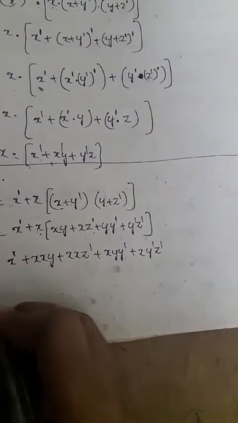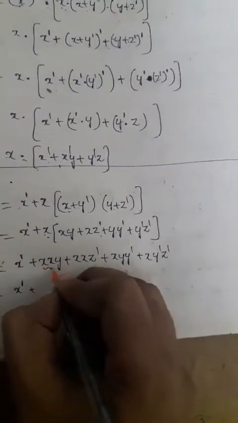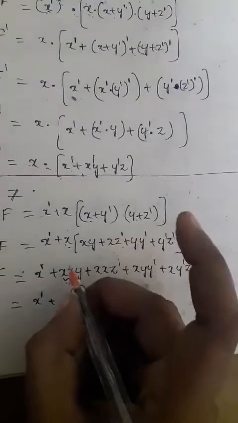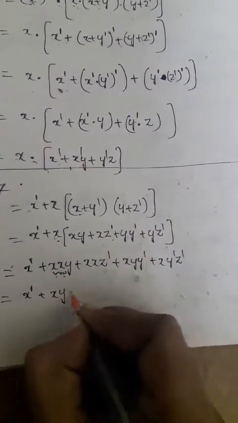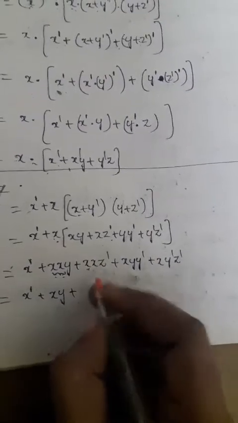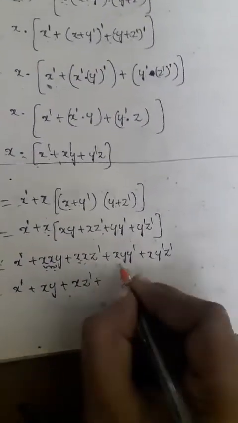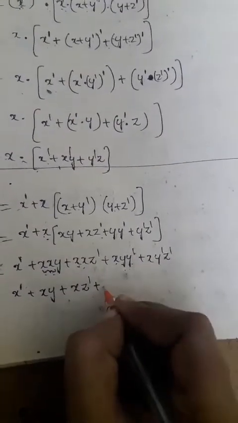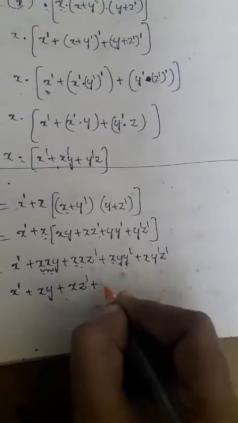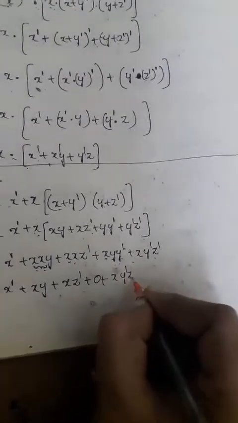Okay, so here x complement plus, already we know a into a is nothing but a, right? So like that here x into x is nothing but xy plus, here also x into x is nothing but x, so xz complement plus x into y complement, like a into a complement is 0, so 0 into x is 0 plus x y complement z complement.